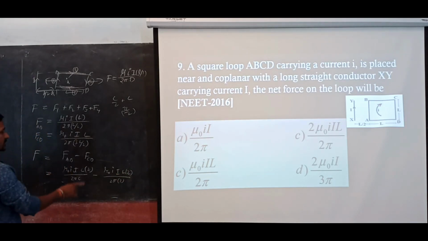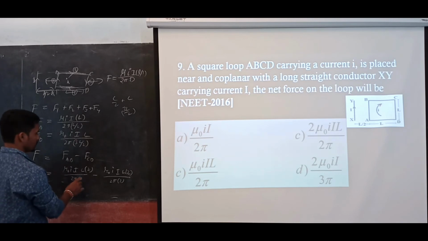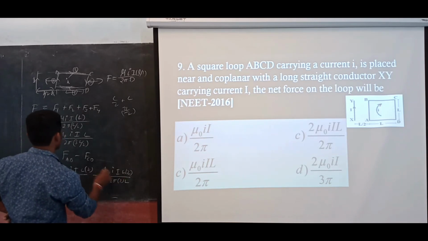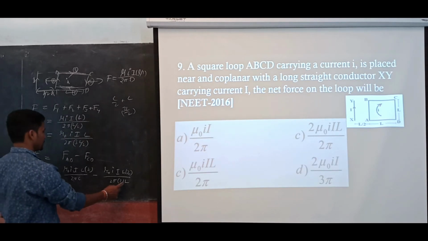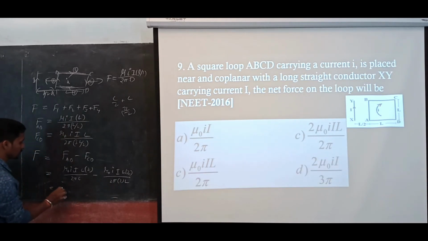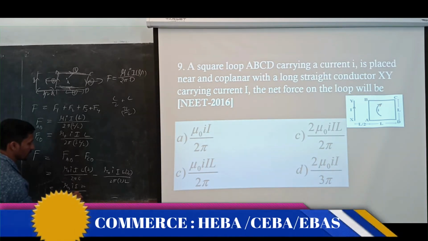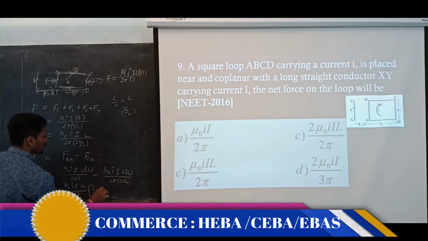So 2 pi L is common, and 3 is remaining. You can take it out: mu naught I i into 2L divided by 2 pi L, times 1 minus 1 by 3.